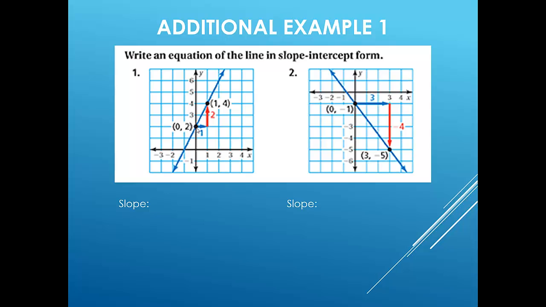We're going to go over to the right 1, so that's positive 1, and then we go up 2, so that's positive 2. So our run is 1 and our rise is 2. Our slope is rise over run, so 2 over 1, which is equal to 2.